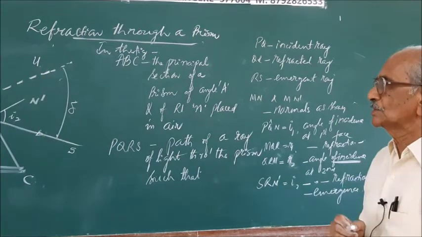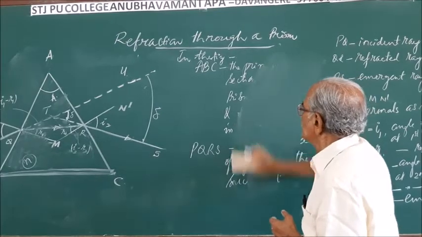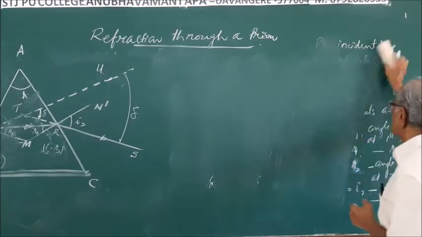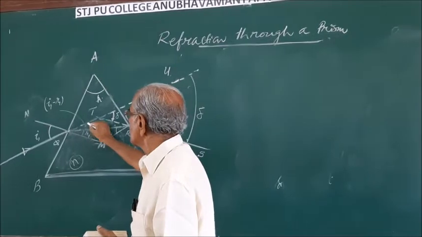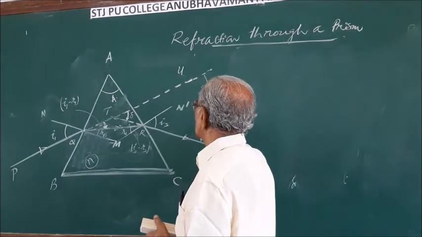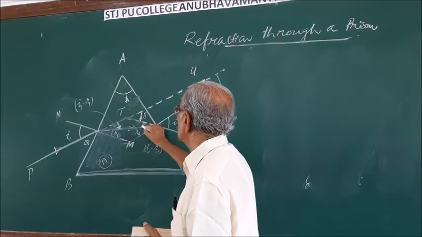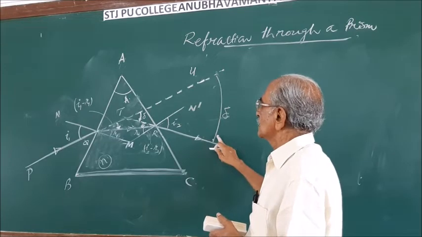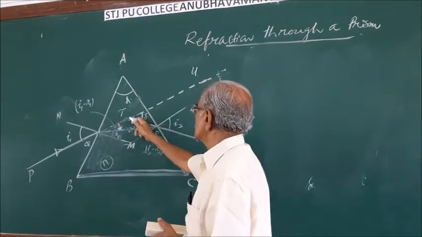Angle of emergence. See, you see that light passing through the prism deviates here. This is one deviation, please note. Instead of going here like this, it again deviates. This is another deviation. It deviates twice. So this is the total deviation. Now that is the angle between the incident ray produced and the emergent ray produced.